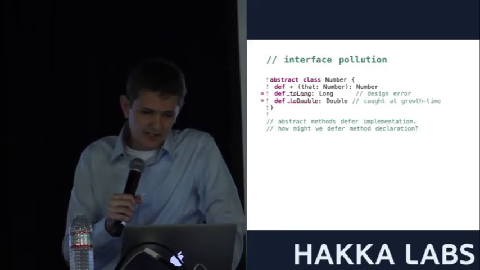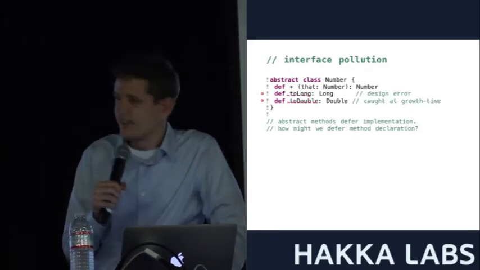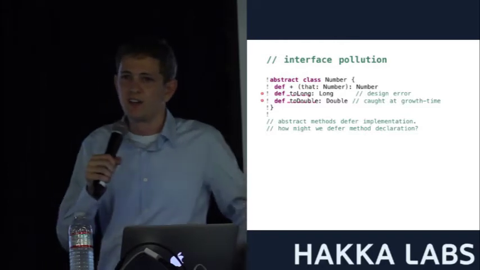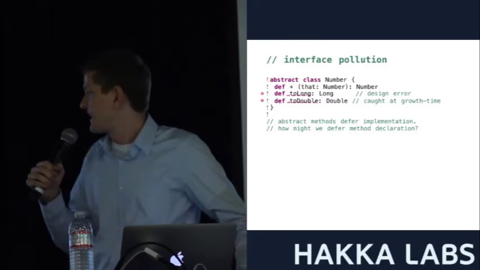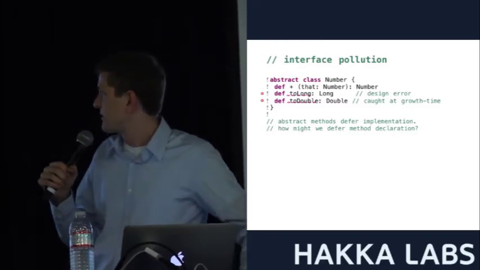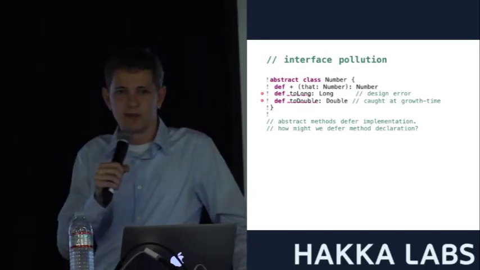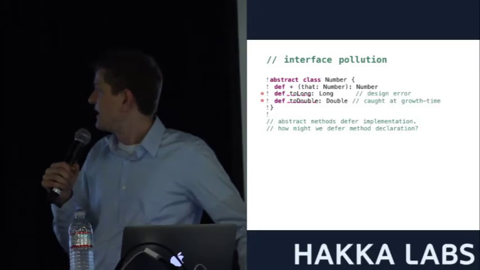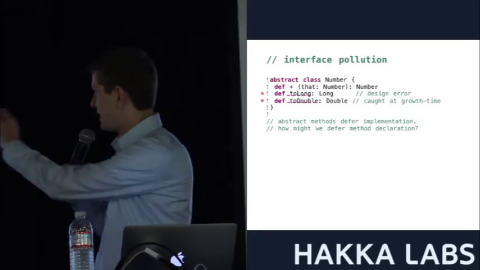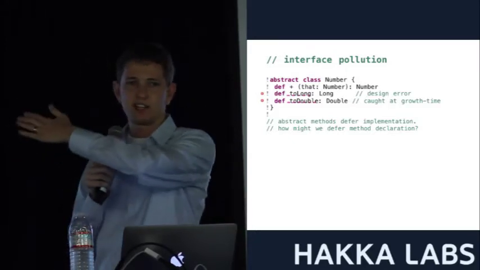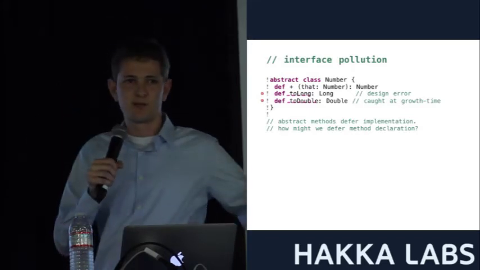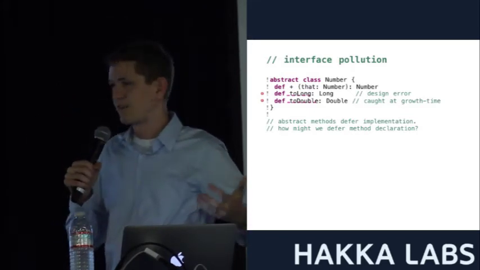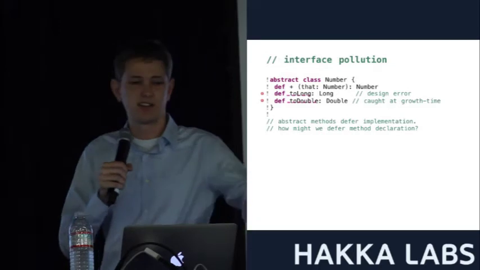And so I consider these design errors that are caught at growth time. And again, numbers are a simple case, but they're a useful case because they're easy to grasp. And something that's an error that's caught as you're trying to evolve and expand your system, in my opinion, is kind of the most pathological kind of error.